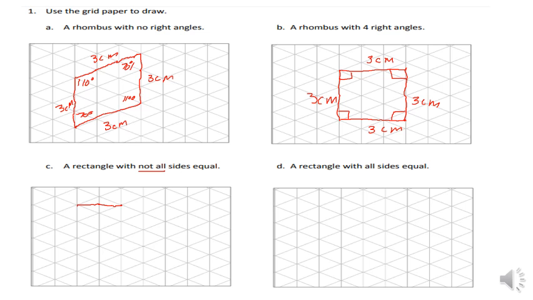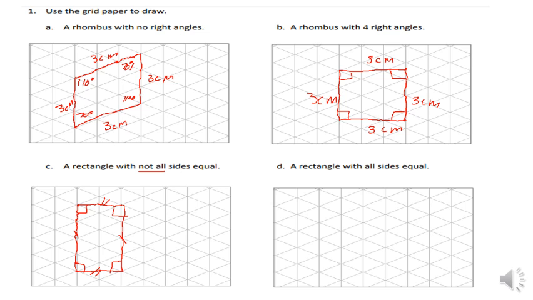Now I'm going to come down 1, 2, 3, 4, come back over 1, 2, and come up 4. So I can see this side is congruent to this side is congruent to this side, and I have 4 right angles, which would be 90 degrees each.